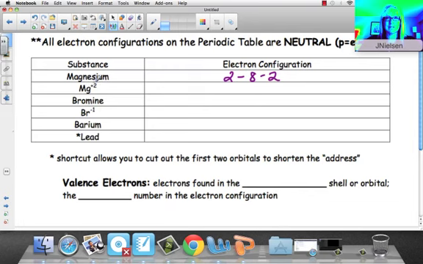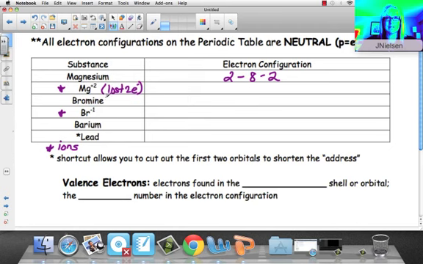Now, remember what the +2 meant. The +2 meant that it lost 2 electrons, because when I lose, I become more positive. Think of it as weight. When we talk about these guys right here, this one and this one, they are ions, which means that they've either gained or lost electrons.